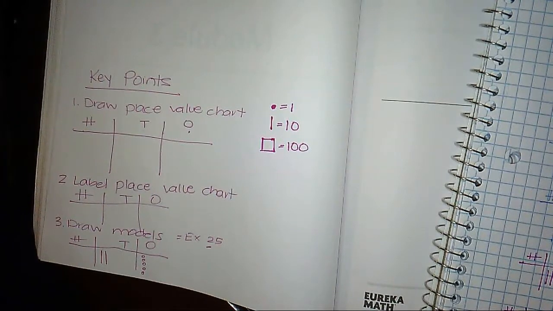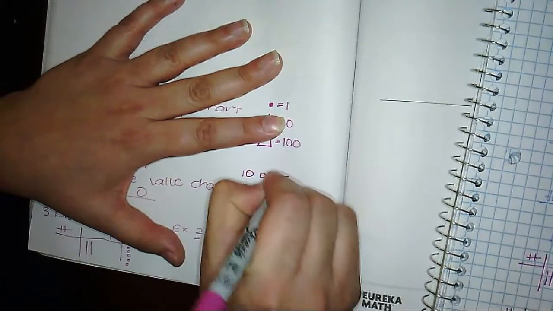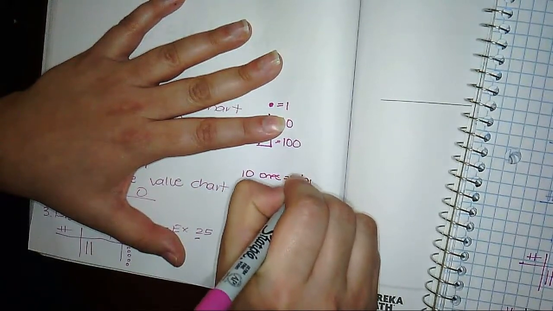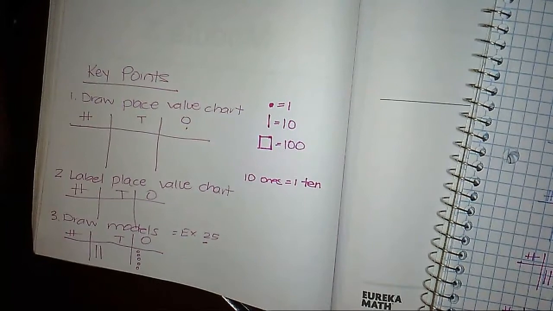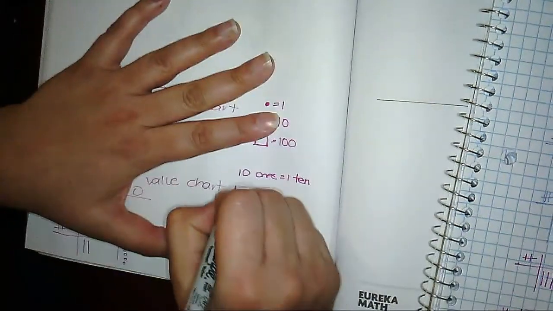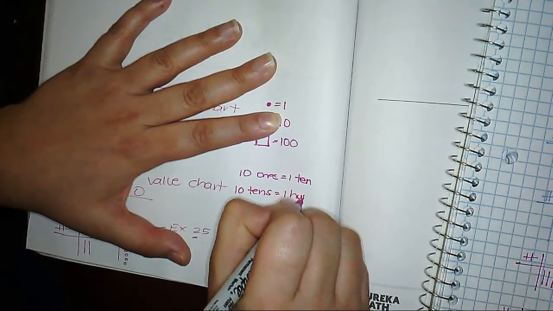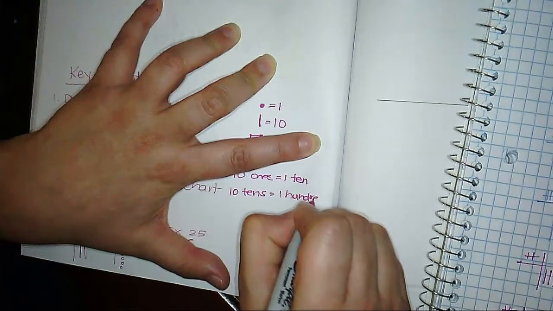He told us that 10 ones is the same thing as 10. He also told us that 10 tens is the same thing as 100. Make sure that you write what I write, boys and girls.